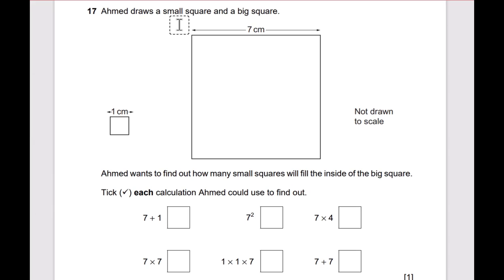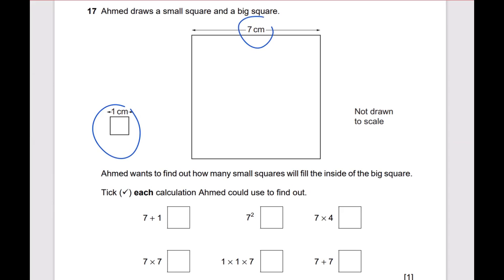Small square is 1 cm, so we give you 5 seconds. I may pause if you're not finished. Okay, let's start the discussion, guys. If you want to pause, you can pause, you want to find out your own answer first. So small square is 1 by 1 cm. Big square is 7 by 7. So how many small squares will fill inside the big square?